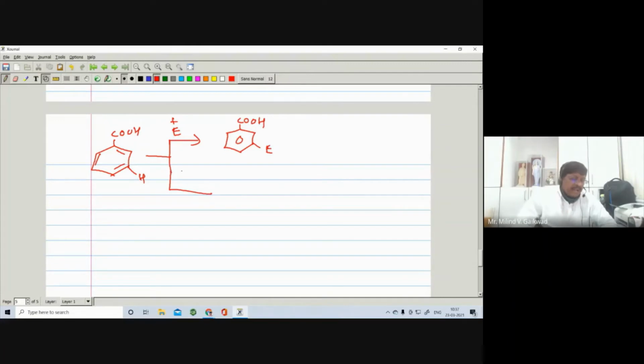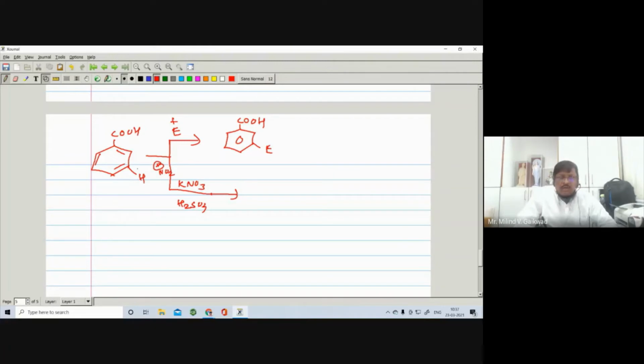Similarly, for example, if you use the reagent KNO3 plus H2SO4, it provides the electrophile NO2 positive.